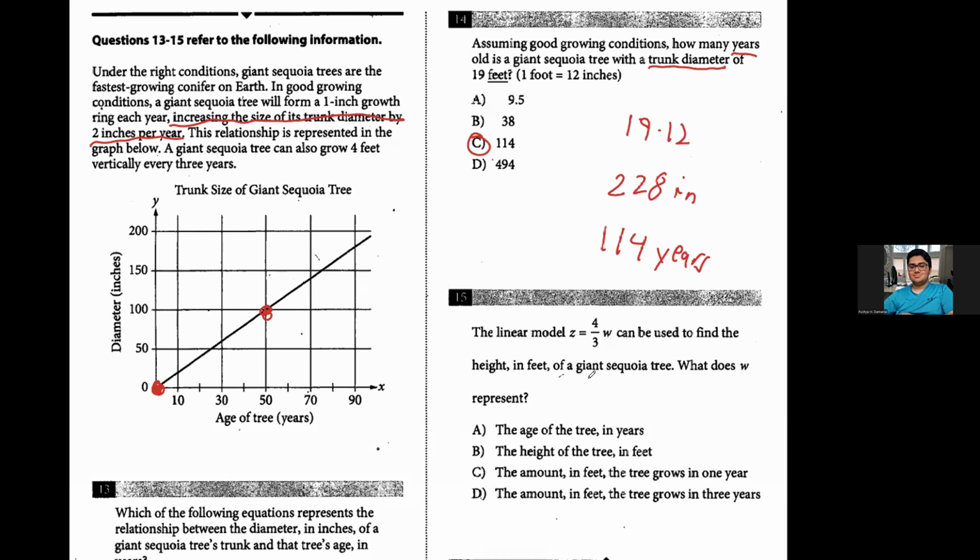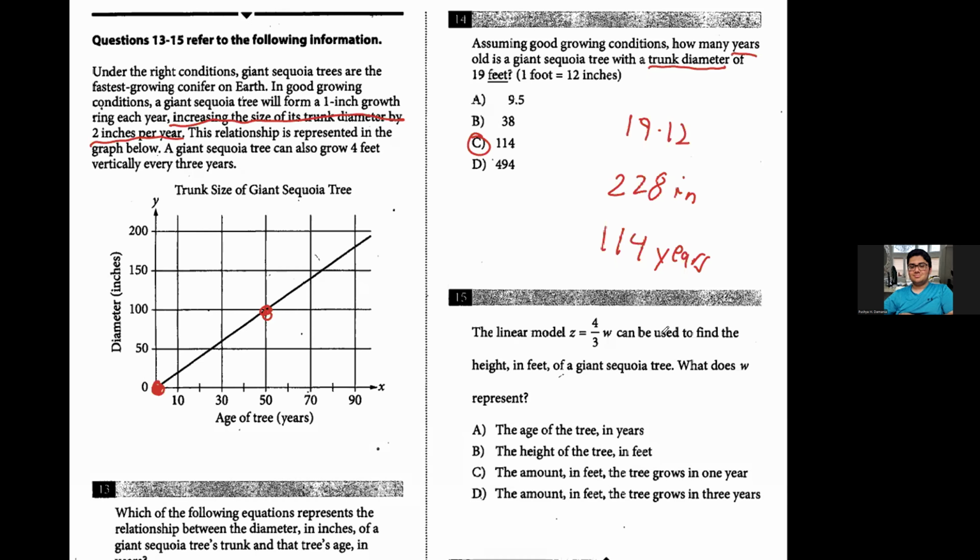Well, in this case, W should be based on the original equation.